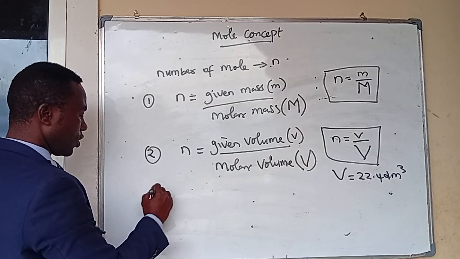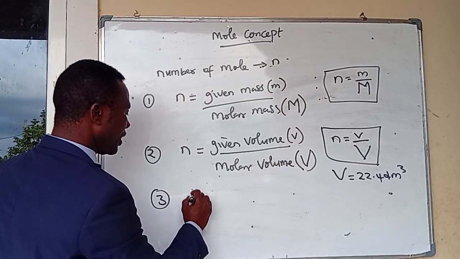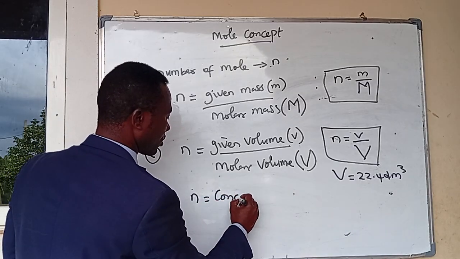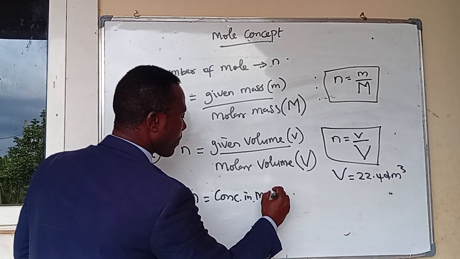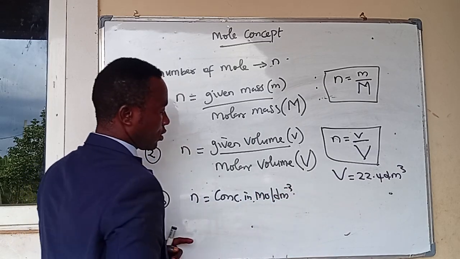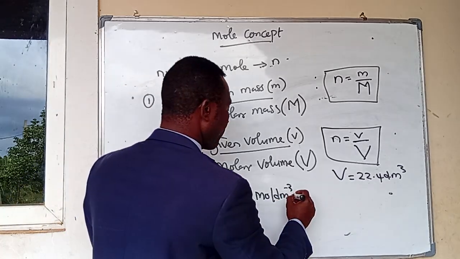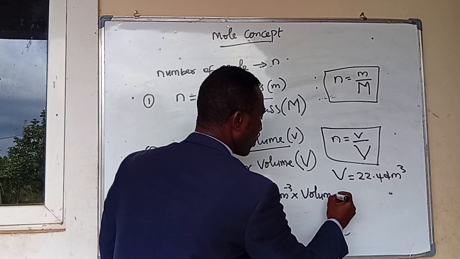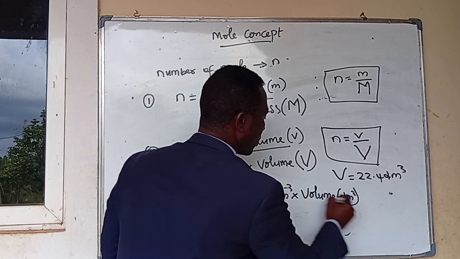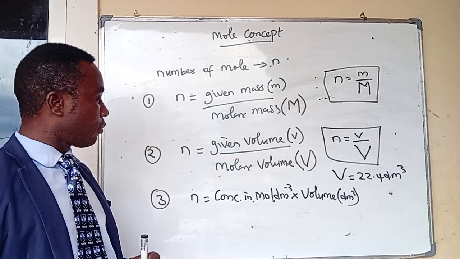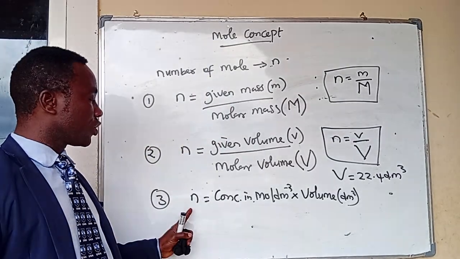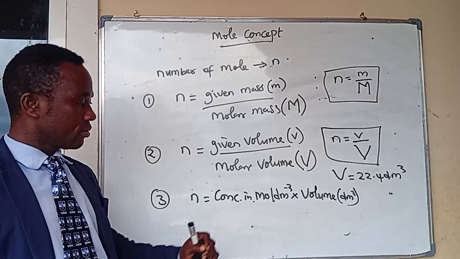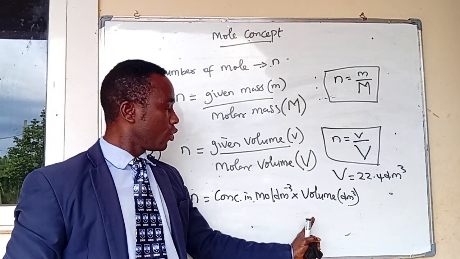Then number 3, we can also use number of moles is equal to concentration in mole per dm cube multiplied by volume in dm cube.